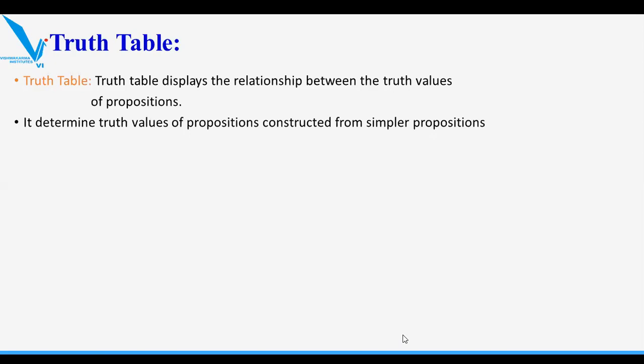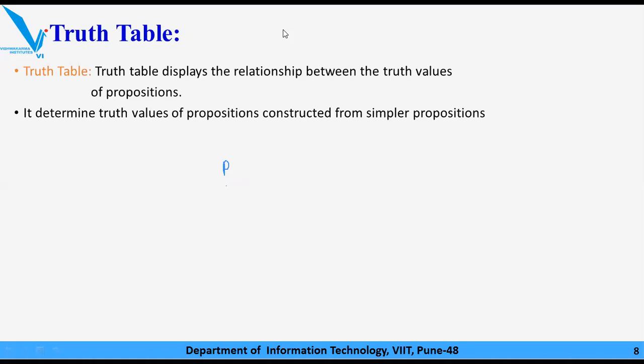I will show you how to draw a truth table. Let's say I have two propositions, P and Q. The truth values for P are true and false, and the truth values for Q are again true and false.